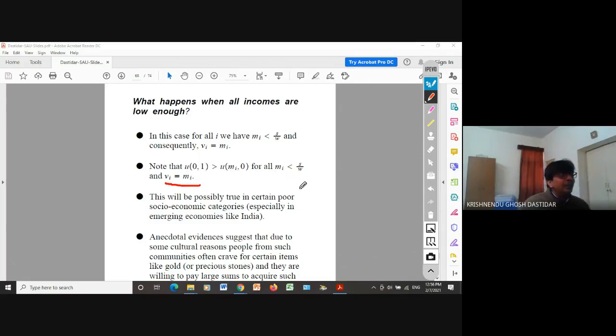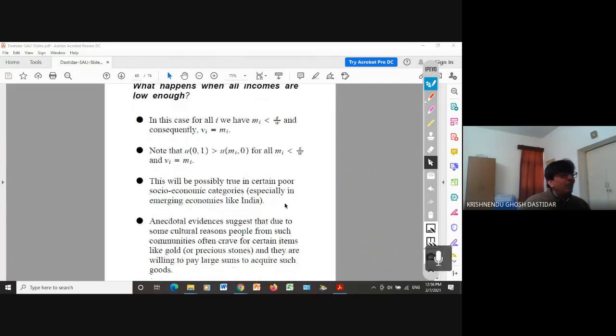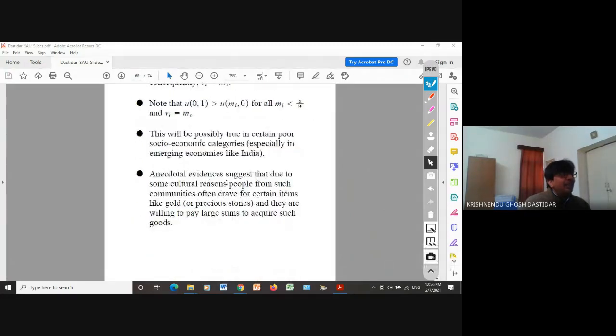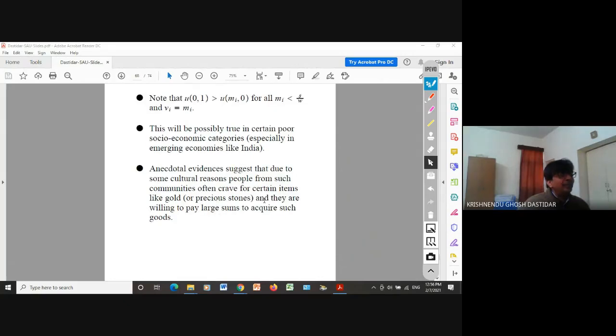This will possibly be true in certain poor socioeconomic categories, especially in emerging economies like India. For example, think of gold. Anecdotal evidence suggests that due to some cultural reasons, people from such communities often crave certain items like gold or precious stones, and they are willing to pay large sums to acquire such goods.